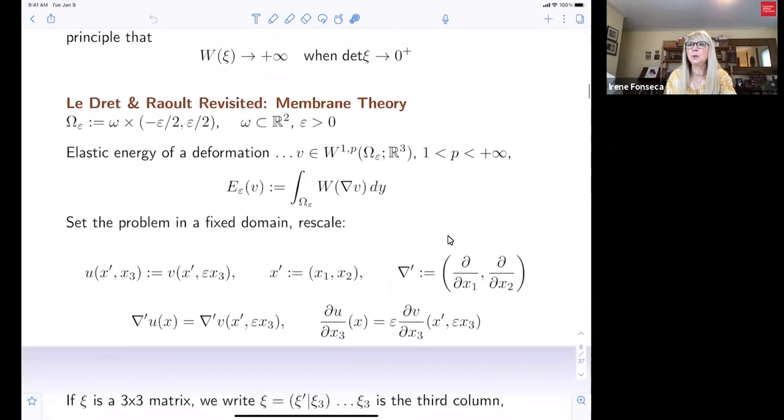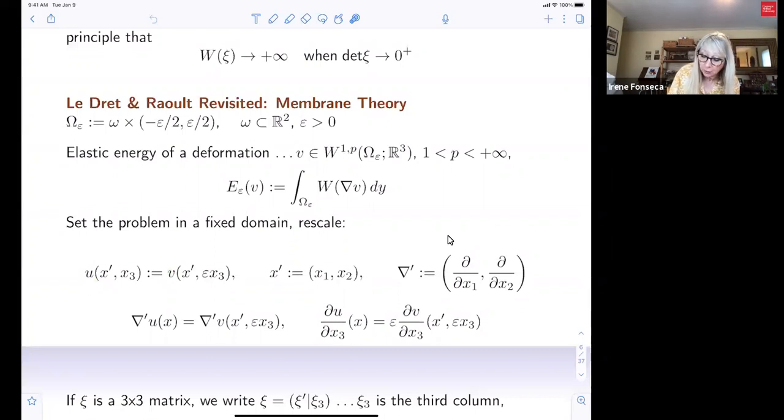What I'm going to do is, well, it's not very nice to work with variational problems where the domain is moving on you. So what do you do? You change variables so that you work on a fixed domain. That is the way you do it. You rescale. When you define the new variable from v, you go to u. Of course, the first two partial derivatives stay the same, but the last one comes scaled with a 1 over epsilon.